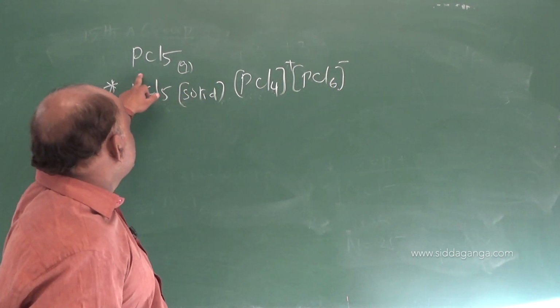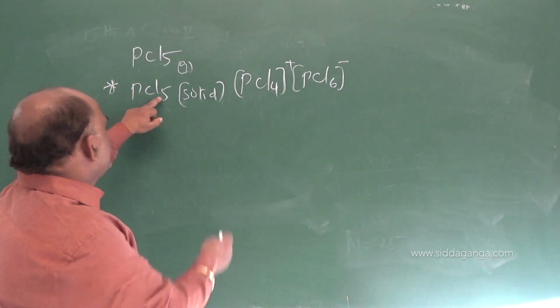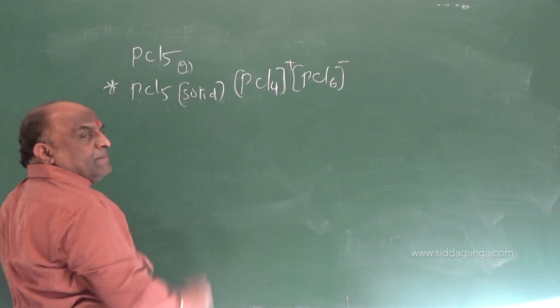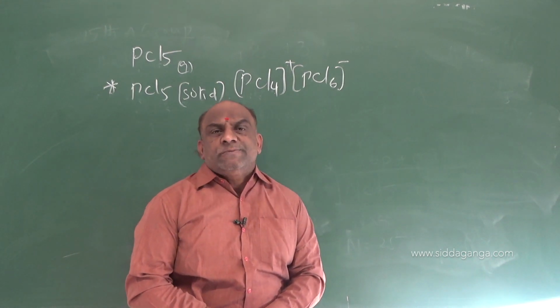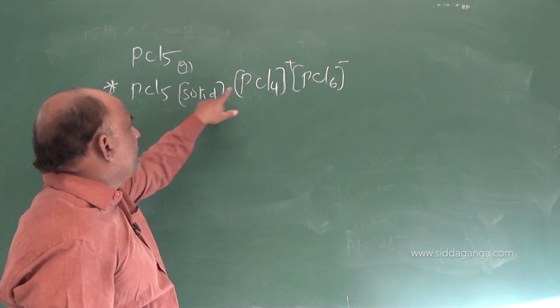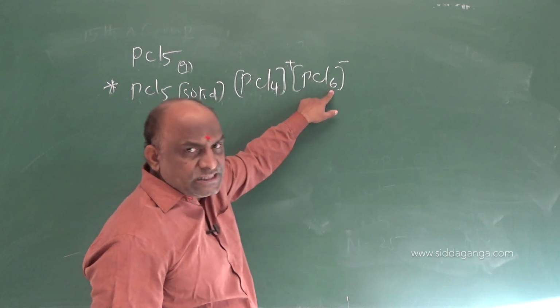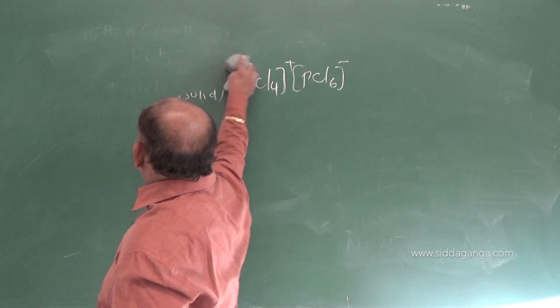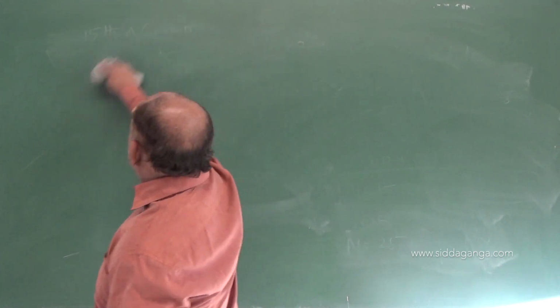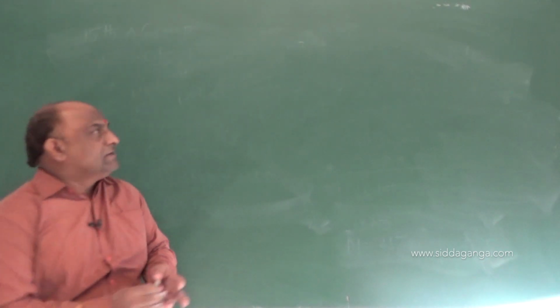So remember, this is an important competitive question. In the gaseous state, the formula is PCl5. In the solid state, phosphorus pentachloride exists as PCl4 plus and PCl6 minus. And next, very important reactions, that is hydrolysis.